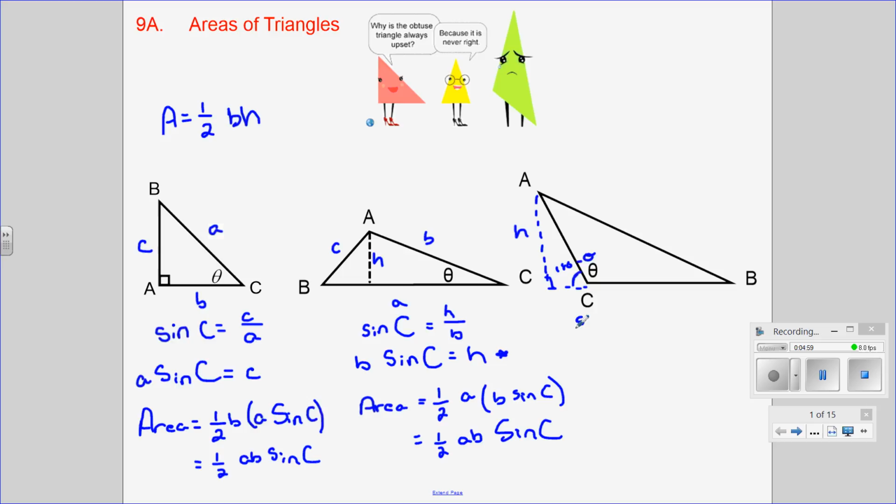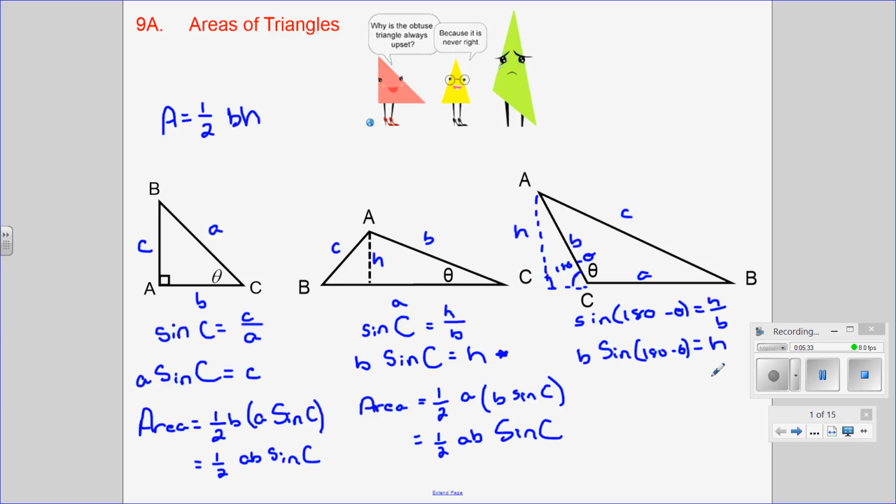So let's say sine of 180 minus theta is equal to opposite over hypotenuse, so this is h over the hypotenuse. In this case, my hypotenuse is little b. So again, my height is going to be represented as little b multiplied by sine of 180 minus theta.